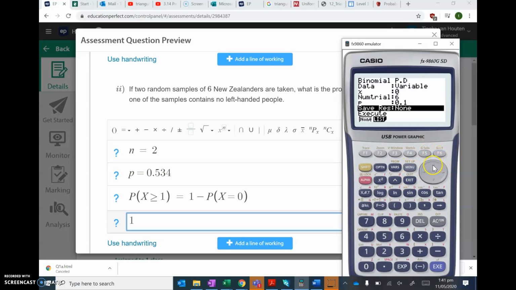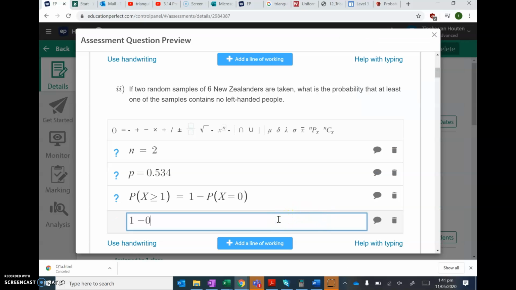So I'm going to still use 0 as my x. My number of trials is now 2. My probability is now 0.534. And I get 0.217.